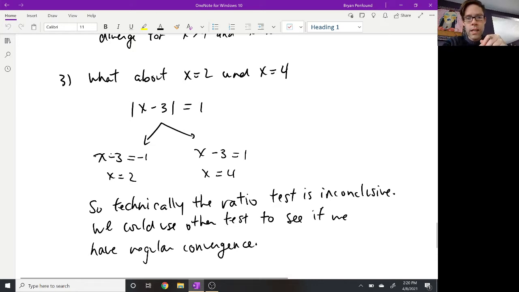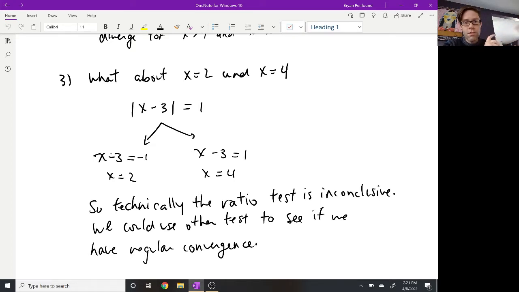In other words, I can't make any conclusions about what's happening exactly at 2 and 4, because the ratio test won't give us that information. It very well could be that 2 or 4 could be divergent, conditionally convergent, or absolutely convergent, but the ratio test doesn't give us that information.